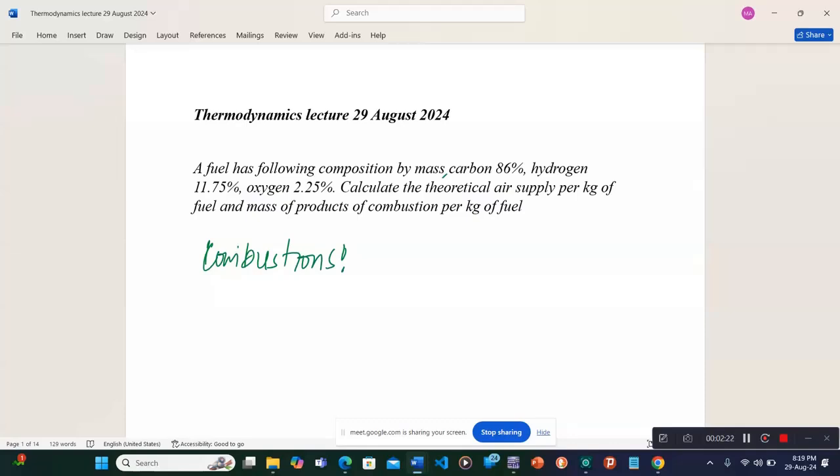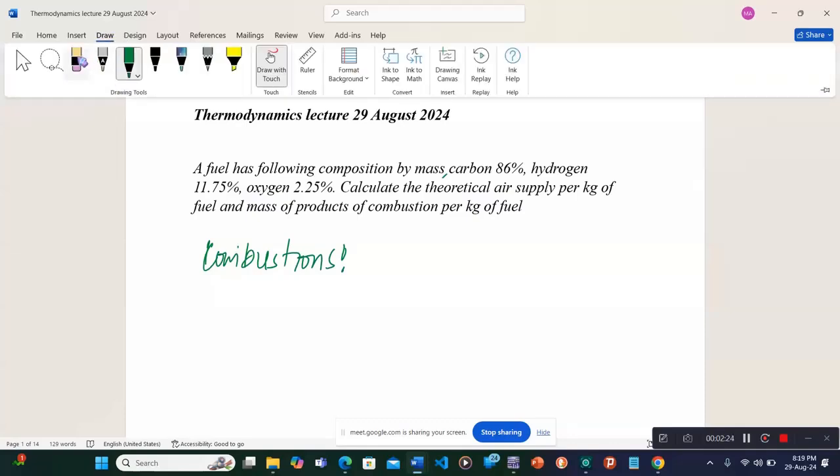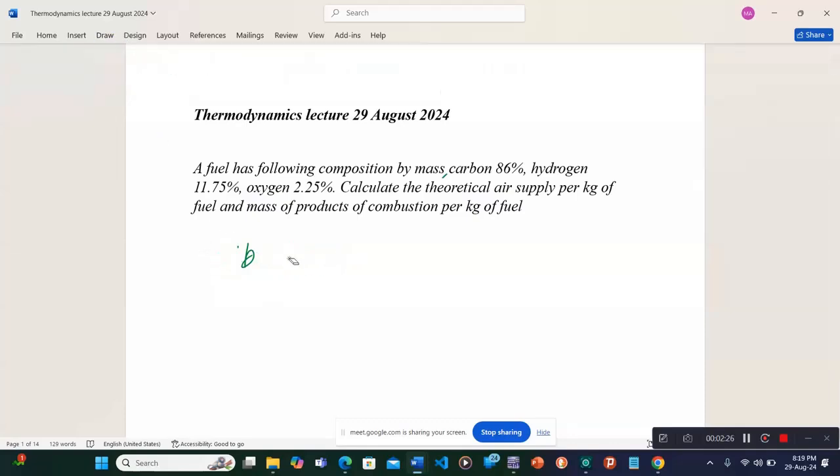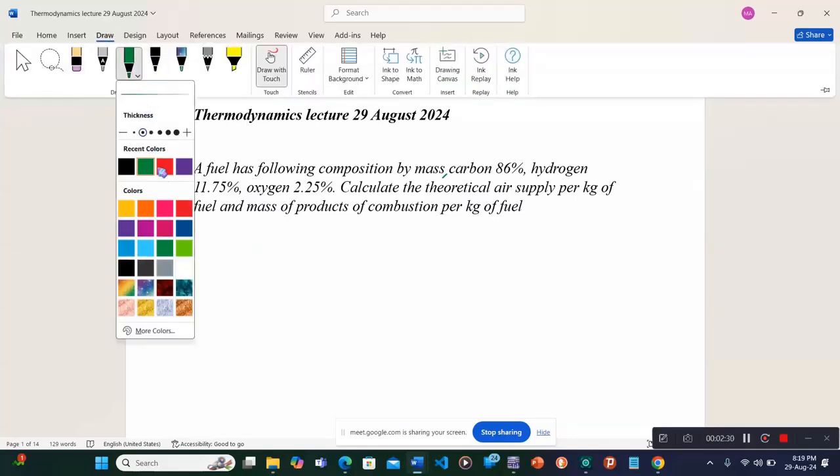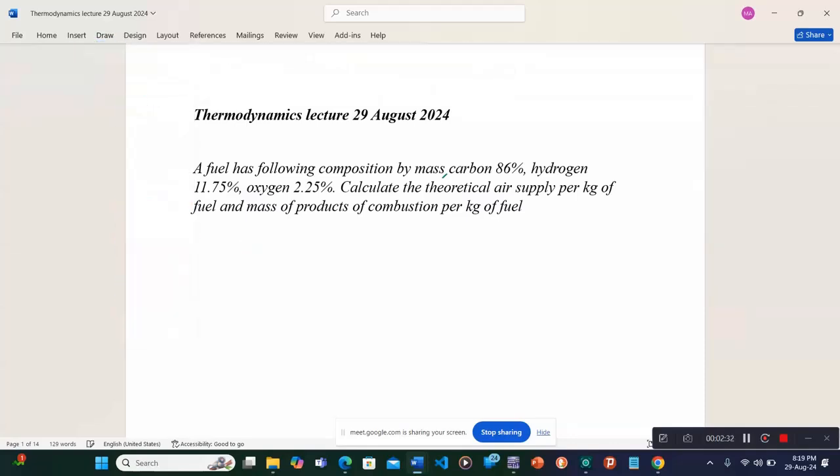The combustion reactions will have, first of all, carbon plus oxygen.